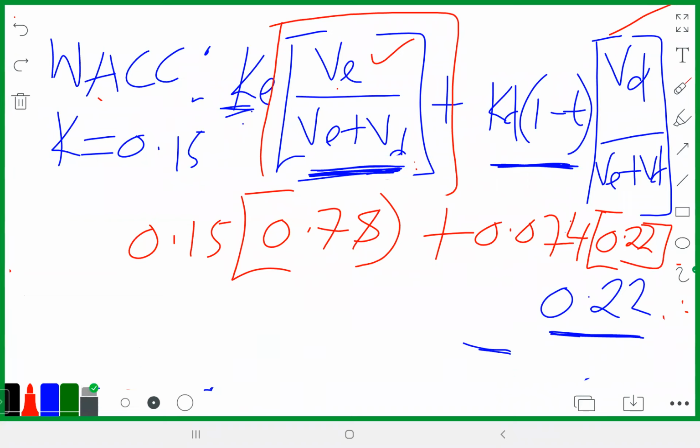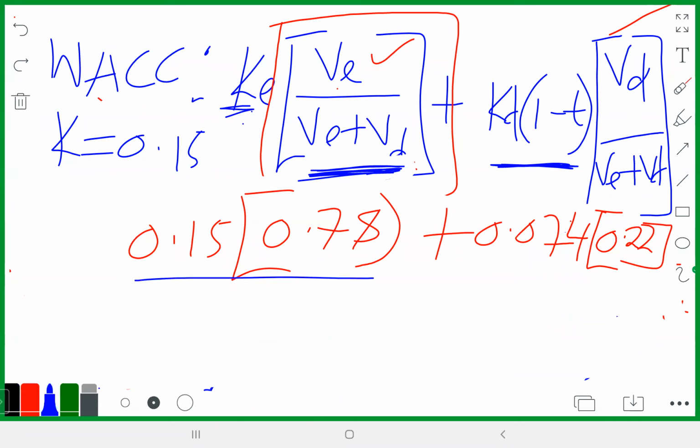What do we find as the WACC, the weighted average cost of capital? You can start with this one. 0.117, right? Plus 0.074 multiplied by 0.22.